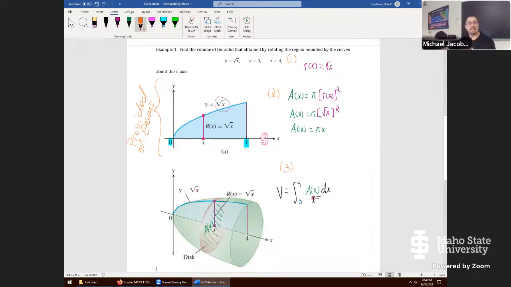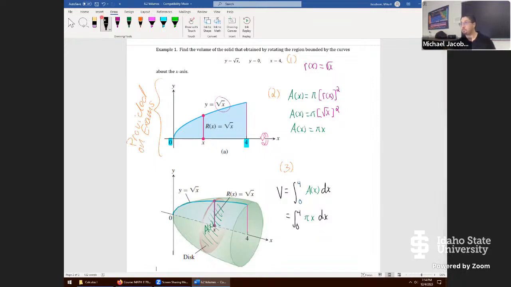Plug in your area function and just integrate this new definite integral. So volume is now a definite integral going from 0 to 4. A of x is pi times x dx. It's almost curious in a way that this thing, which looks like it would be a complicated computation just to find a volume, turns into that as a definite integral.